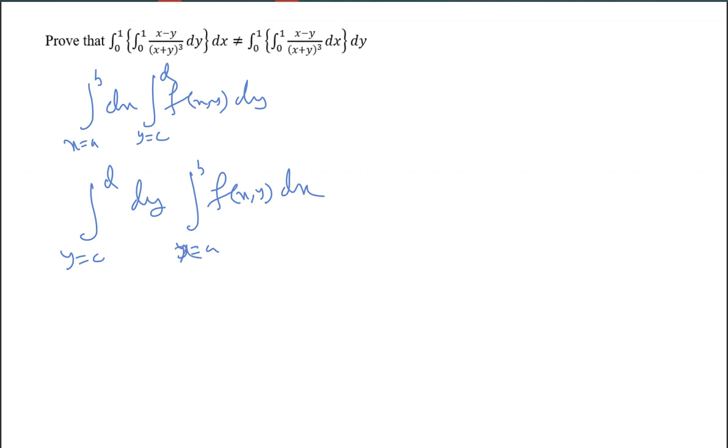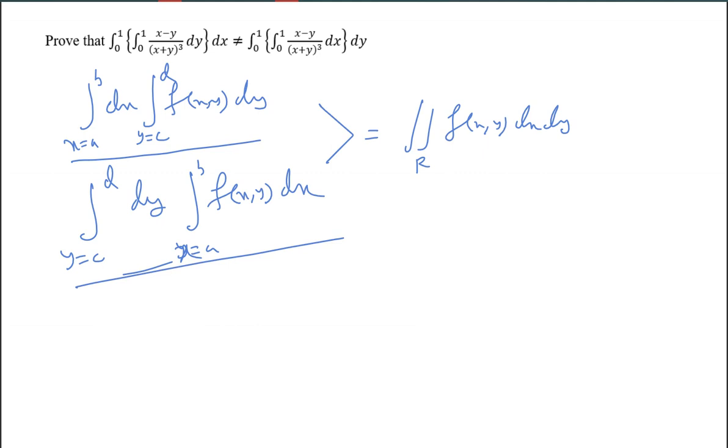We have considered these two repeated integrations, and by the theorem we have also stated there that these two integrations will be equal, and equal to the integration over the region R of f of xy dx dy, only when these repeated integrations are integrable for each x and for each y, and continuous.